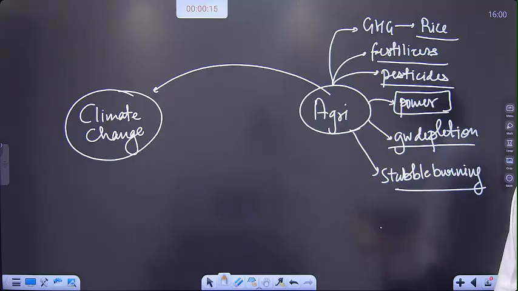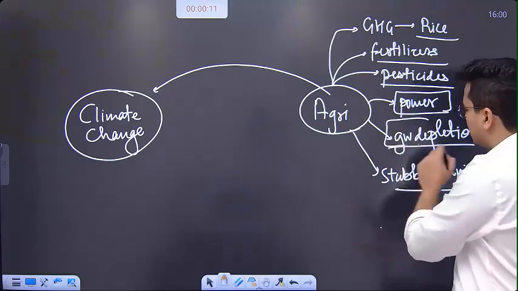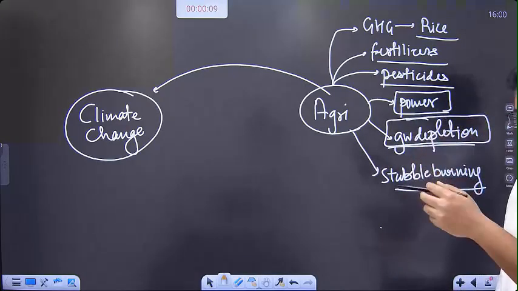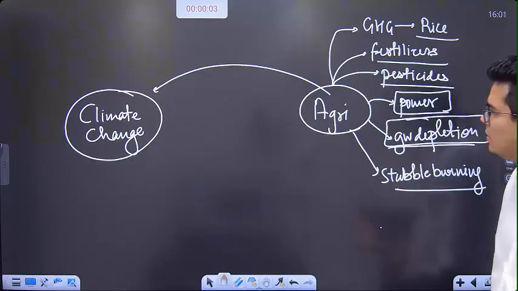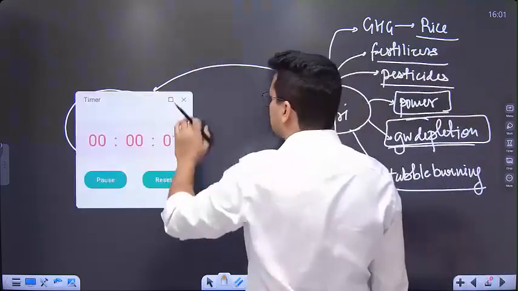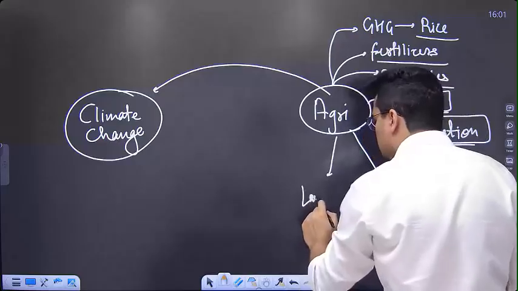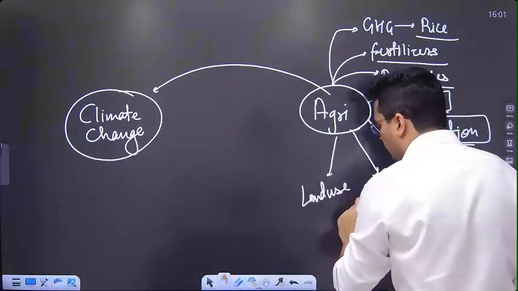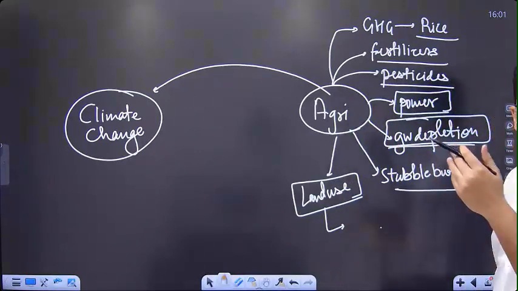No, monocropping is a type of, okay, I'll write groundwater depletion is written. Monocropping is a type of cropping pattern. What impact does monocropping have? That you have to tell me. Other than writing slash and burn agriculture, you can write things like land use change. To improve the productivity of Indian agriculture, what do we have to do?